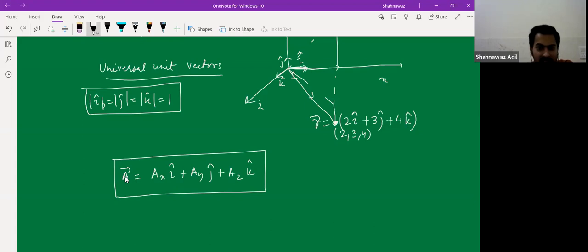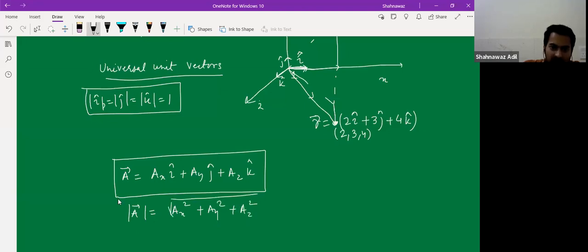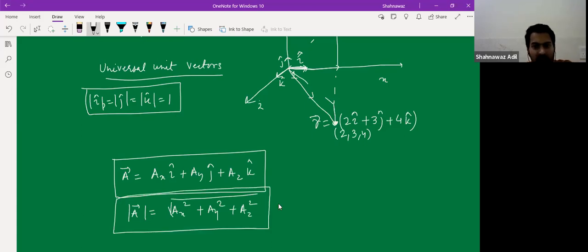And what would be the magnitude of this vector? This would be simply the square root of AX square plus AY square plus AZ square, right? So this is the magnitude of the vector in the universal unit vector form.